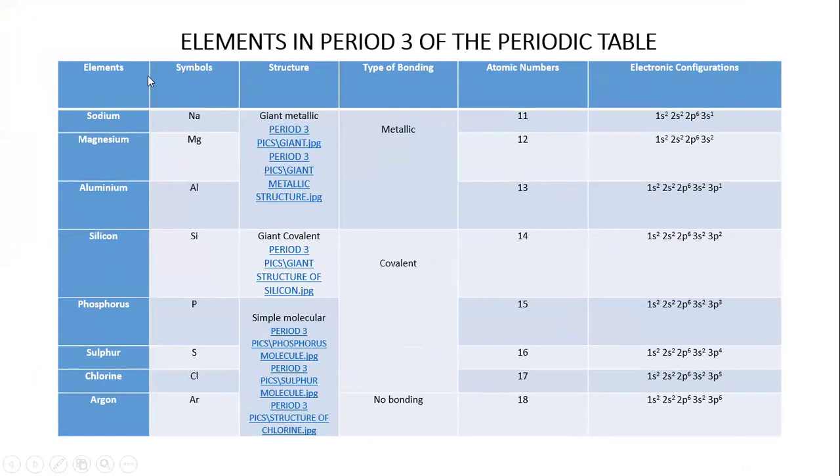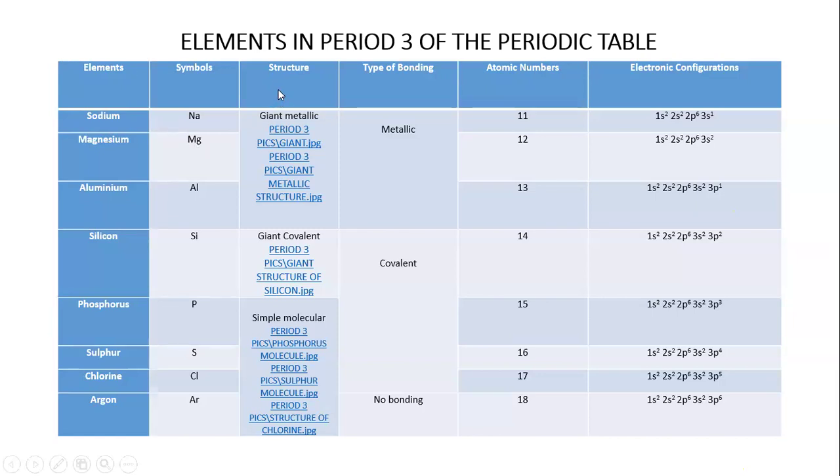The elements in period 3, various symbols, the structure, type of bonding, electronic configuration using the atomic numbers. So these elements, I know you know most of them. You've seen the symbols. We studied these symbols in O level.